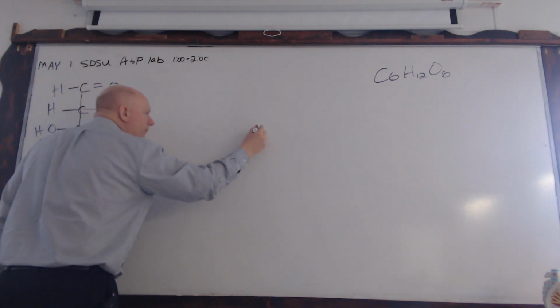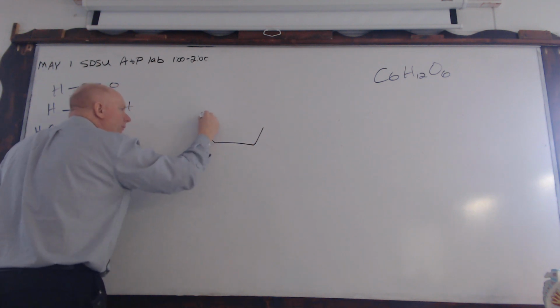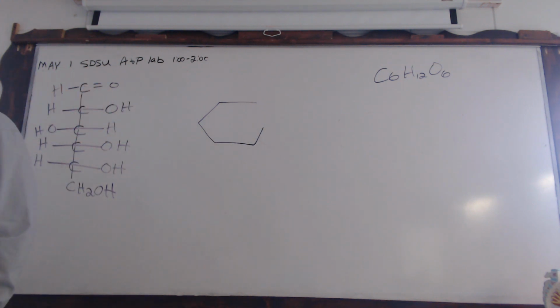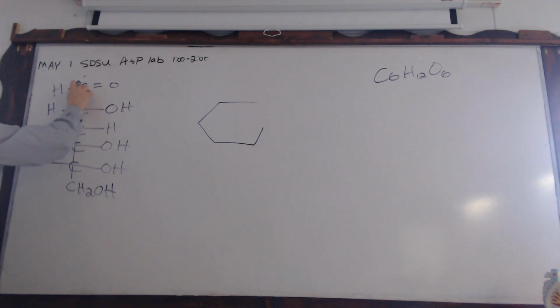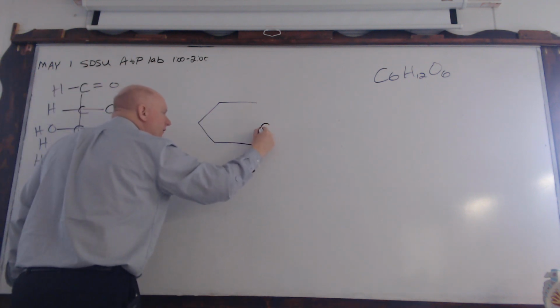And there's a specific way that we want you to be able to draw these structures out. So once we do that, number 1 is right here. So here's a carbon atom here.